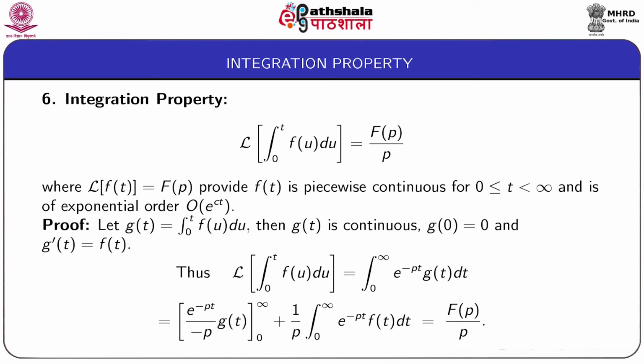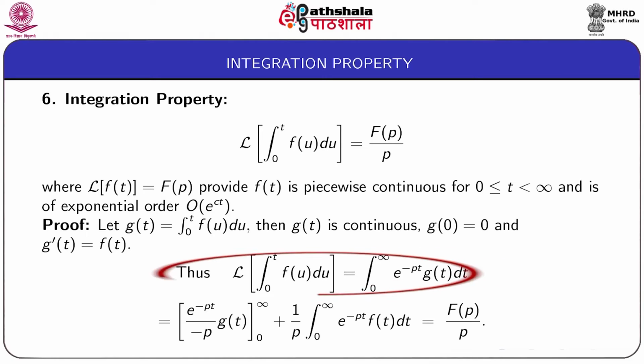For proof, we write small g(t) as the integral from 0 to t f(u) du, then g(t) is continuous and g(0) is equal to 0, and also g dash t is equal to f(t).